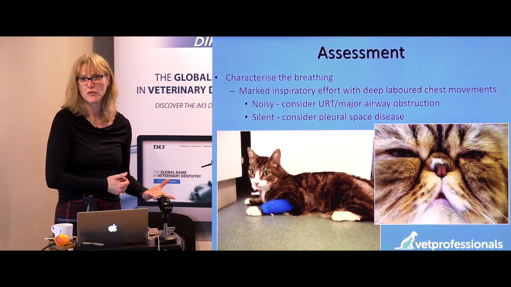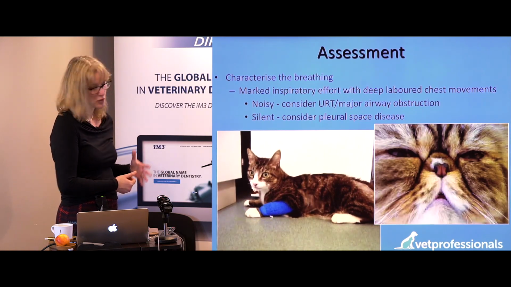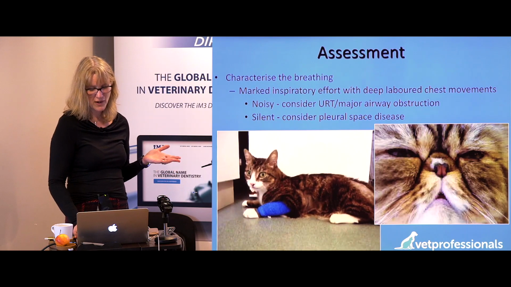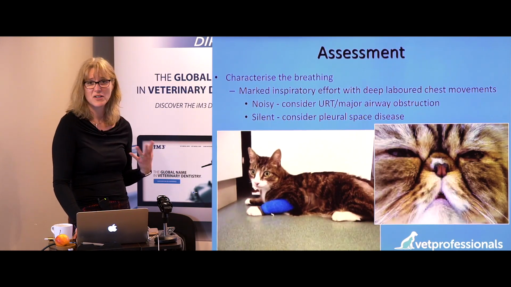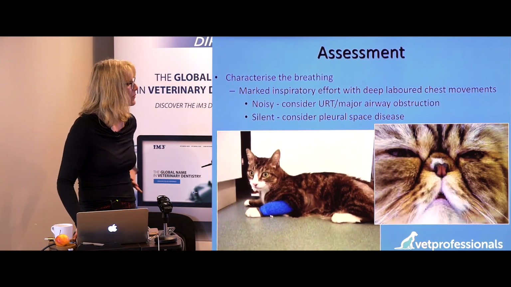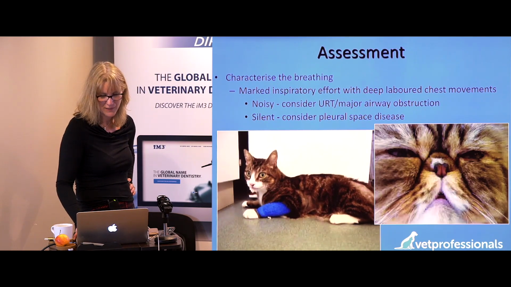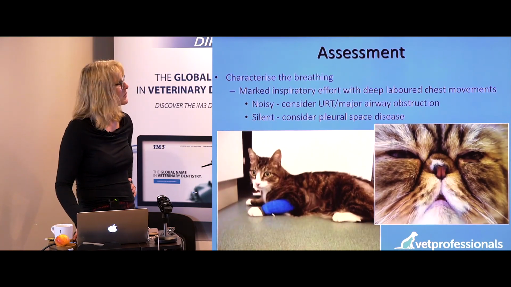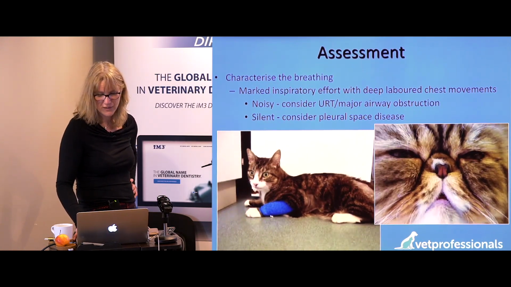So pleural effusion in particular would be my number one consideration there. But of course, if you have a cat like the right-hand Persian cat we saw earlier on, that you can actually hear the breathing, it's not very good audio to play, but then that's upper respiratory tract again. So listening and observing is definitely a really, really good start to these sorts of patients.